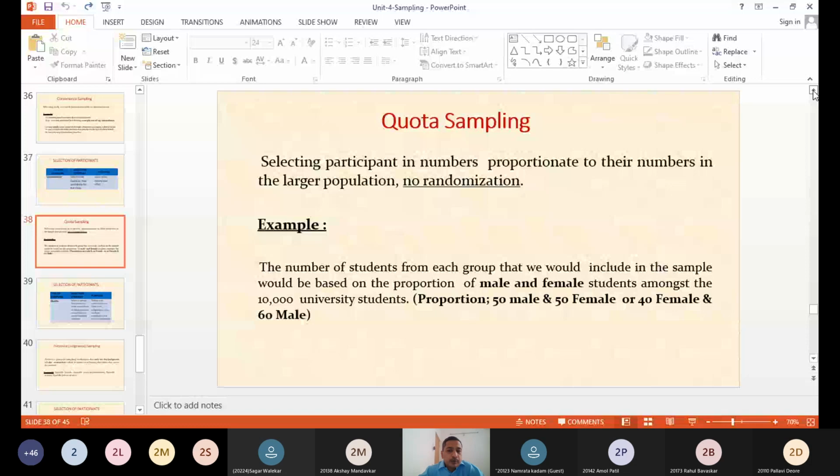Based on gender, the proportion of male and female in the student population may be 60-40, 60 male, 40 female. So we'll select 60% male students; that is, if we want to select 100 students, we'll select 60 male students and 40 female students. Now, is it understood?